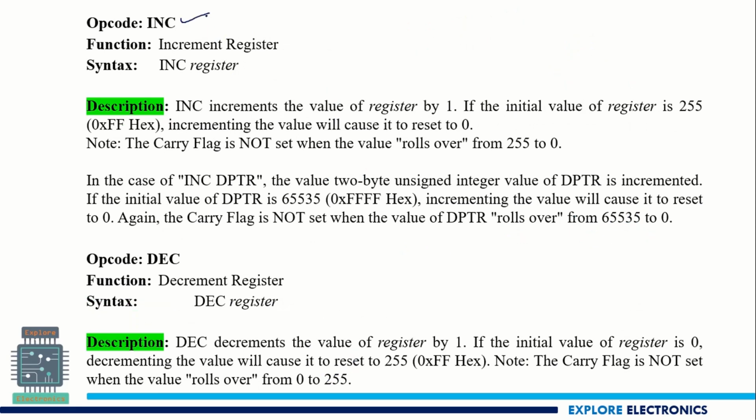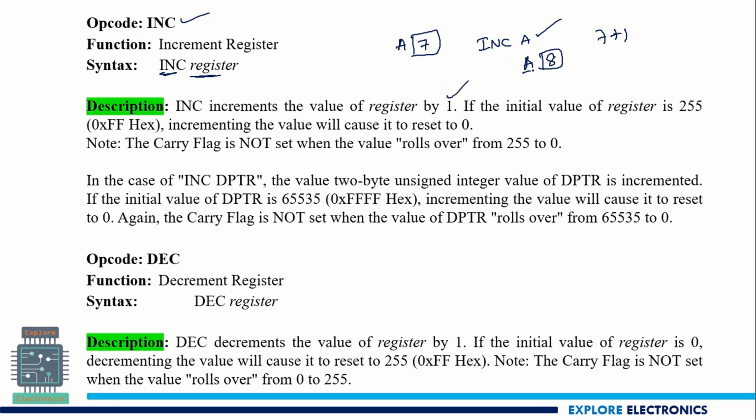Then we have increment, opcode INC, which we can use with a register. If A contains a value like 7 and we use INC A, what is it going to do? It will perform 7 plus 1, and the A value becomes 8. This is what increment does: it increments the value of the register by 1.